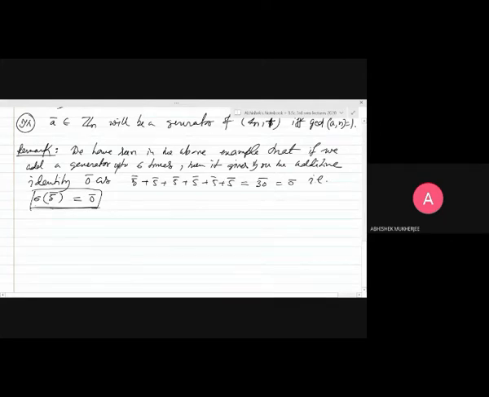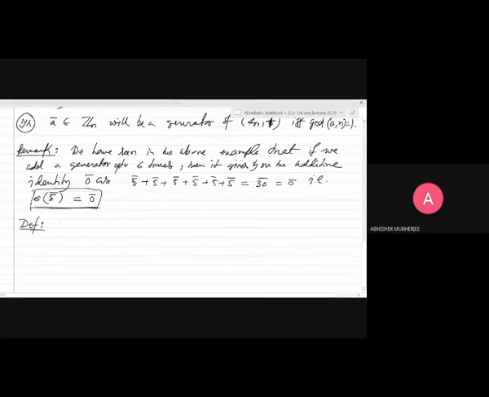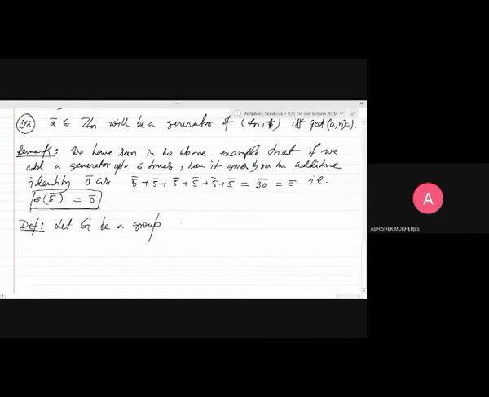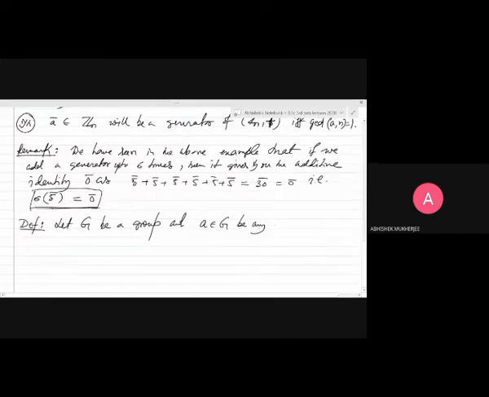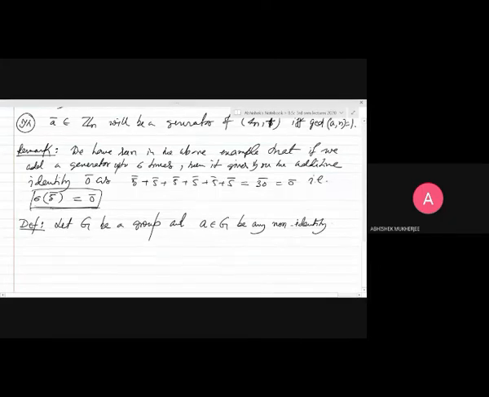That means we can define: let G be a group and a belongs to G, suppose it is any non-identity element.